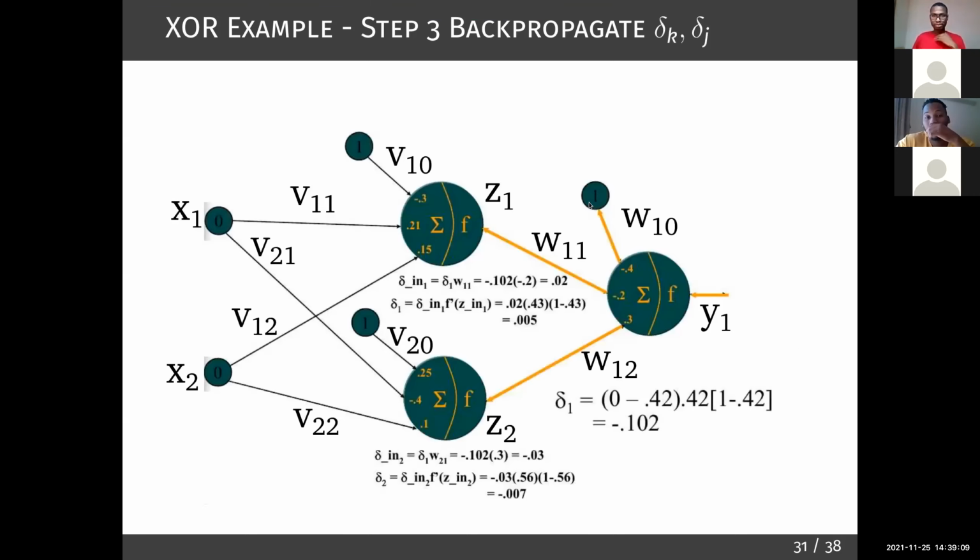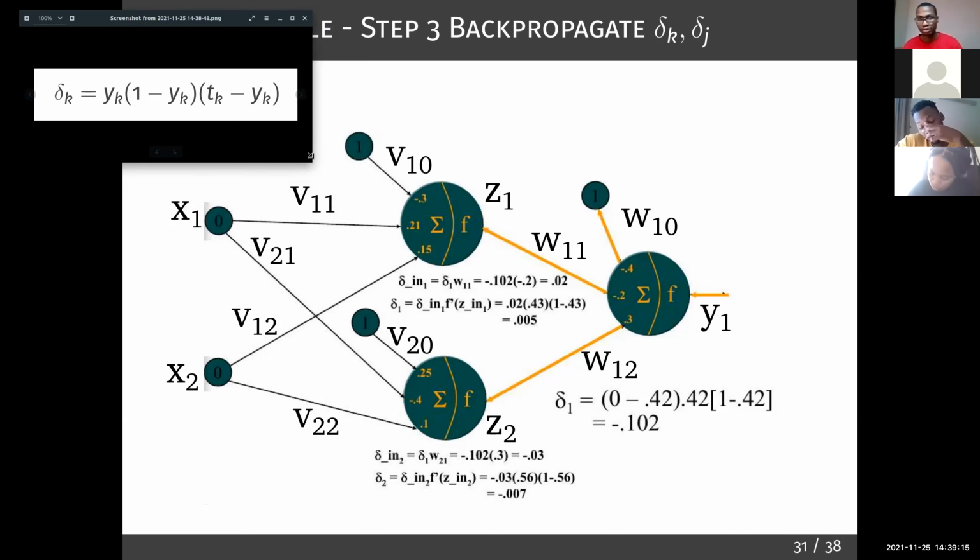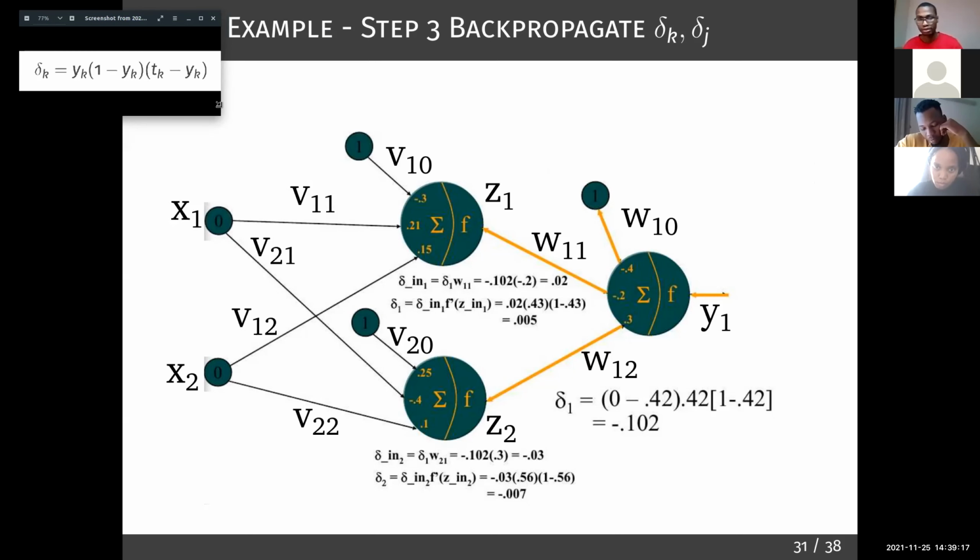Now let's compute this one. Let's start with how we are going to compute the delta. We compute with respect to an output. So there is the yk, in this case our k is 1. Don't forget that our k is 1 because we only have one output.